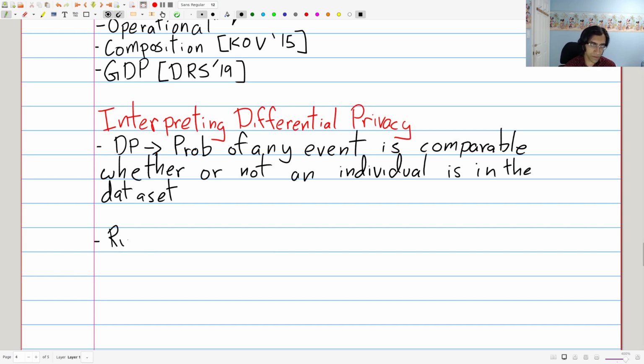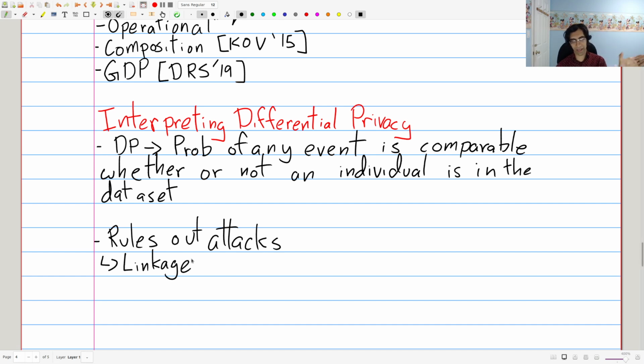So, for example, let's see how this rules out attacks. It's basically by using this type of property. Take linkage attacks, where somebody finds another data set and tries to match it with individuals in the private one, based on the outputs of the algorithm run on the sensitive data set.